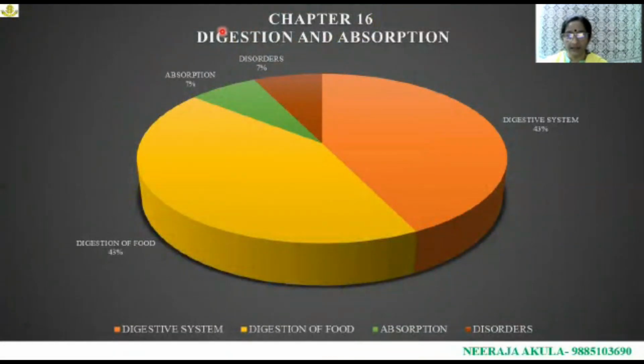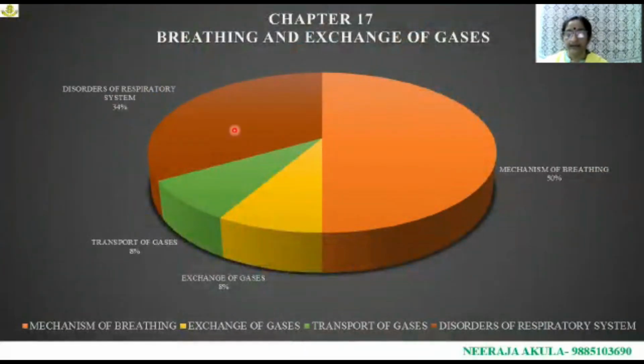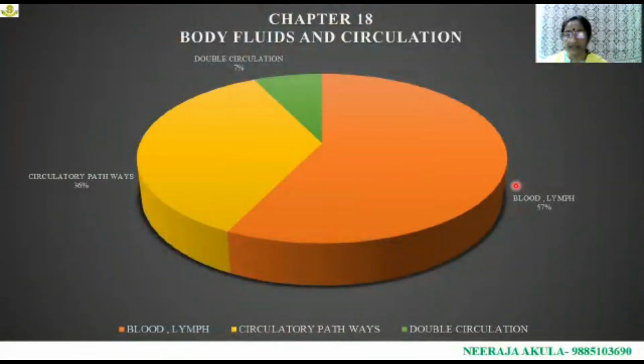Chapter 16, digestion and absorption. Maximum number of bits came from the digestive system and also digestion of food. Chapter 17, breathing and exchange of gases. Maximum number of bits came from the mechanism of breathing. Chapter 18, body fluids and circulation.